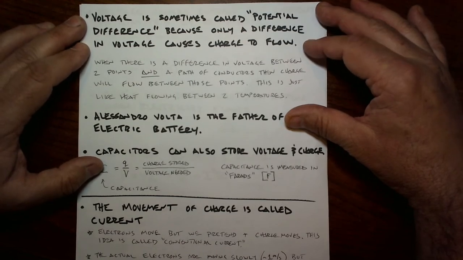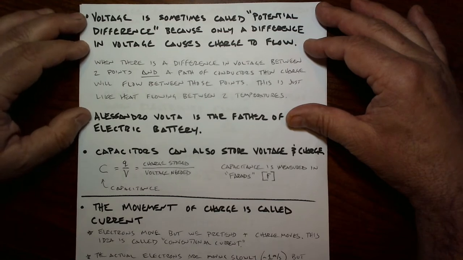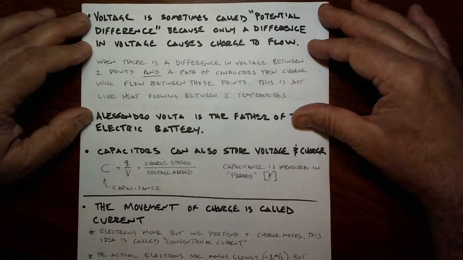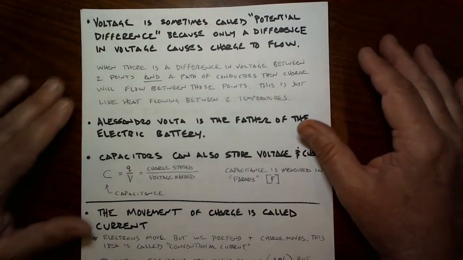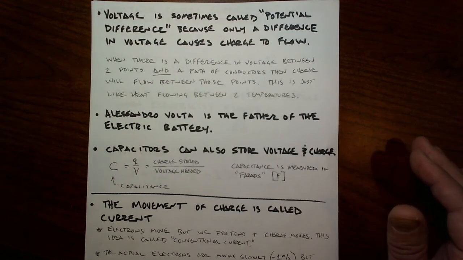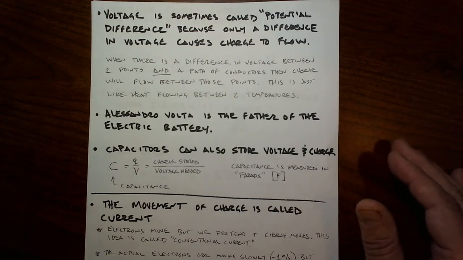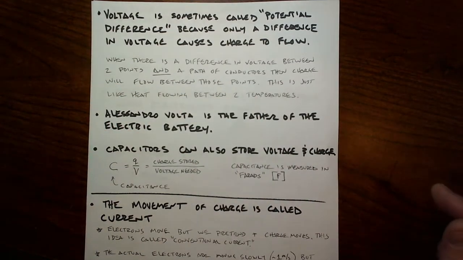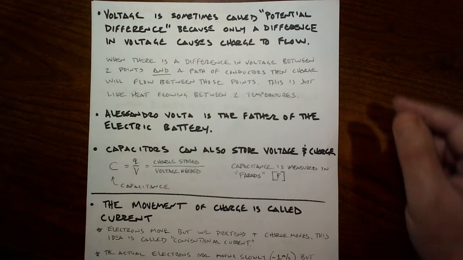If you had two things that were both at high voltage and you connected them together, there might not be any current between them if they were the same. I kind of intimated this when I was talking about charging your cell phone, and you have to use a 5-volt USB cable to charge your cell phone, because your cell phone's battery is somewhere between 4.2 and 4.8 volts. You need more voltage to push the charge into the battery than the battery is trying to use to push charges out.